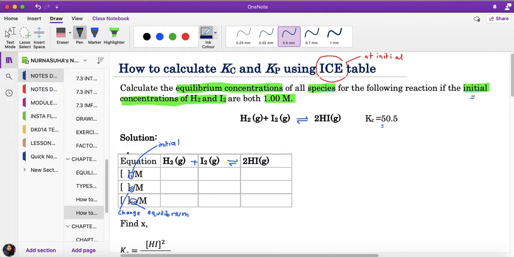Okay, at initial, the concentration of H2 and I2 are given, which is 1 molar. Right? Yes, the question gives it. Okay. So, is HI given? Not given, right? Because at the beginning, the product is not formed yet.